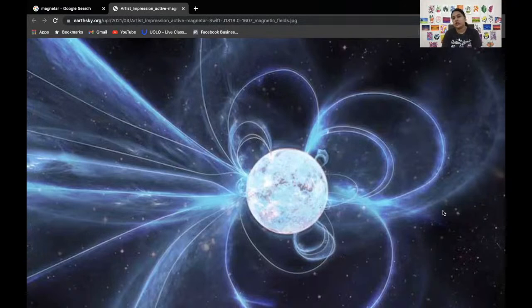Now, what gives the magnetar its magnetic power? In general, when people have done research about where the magnetic force comes from, it basically comes from what makes up the interior of the star.